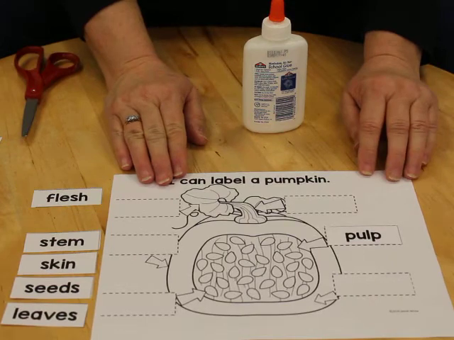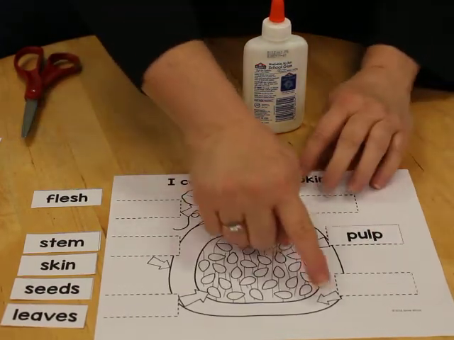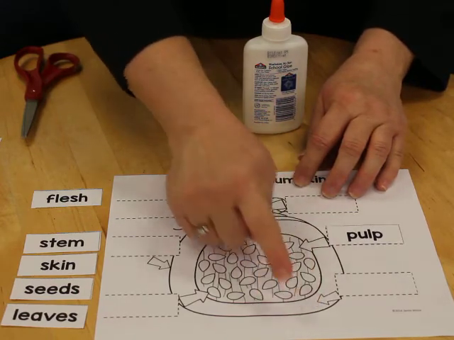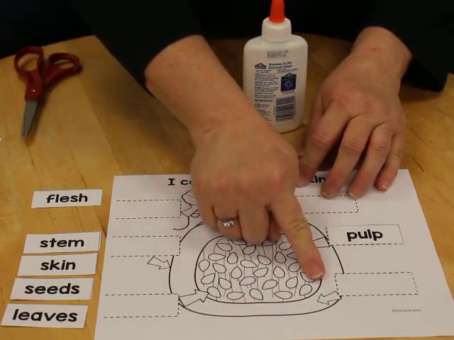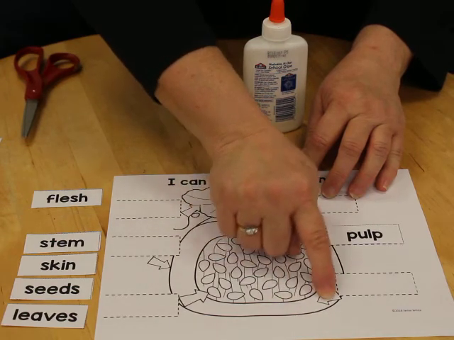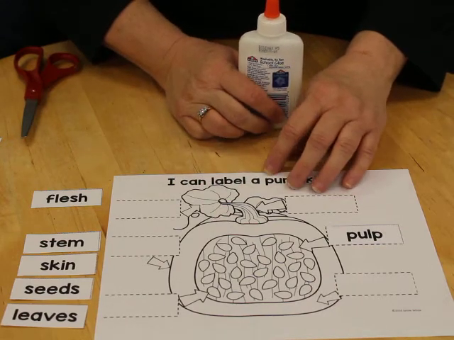Okay. Down here we have a space that's just pointing to this kind of middle space right there. It's between the pulp and the skin, and we call that part the flesh. Now listen to that word.